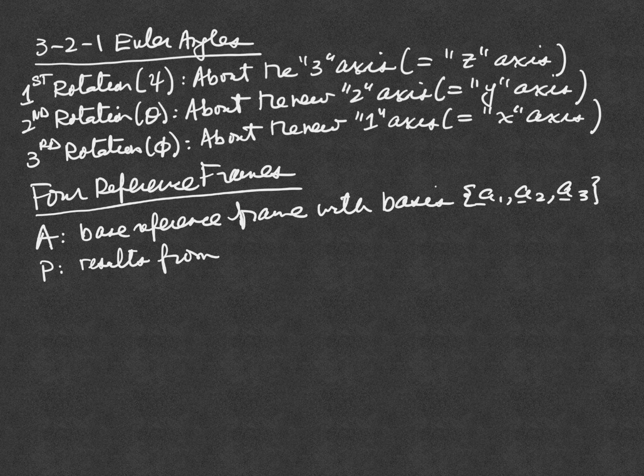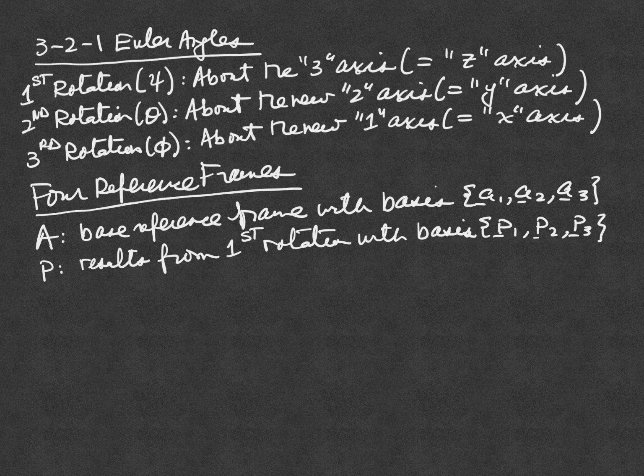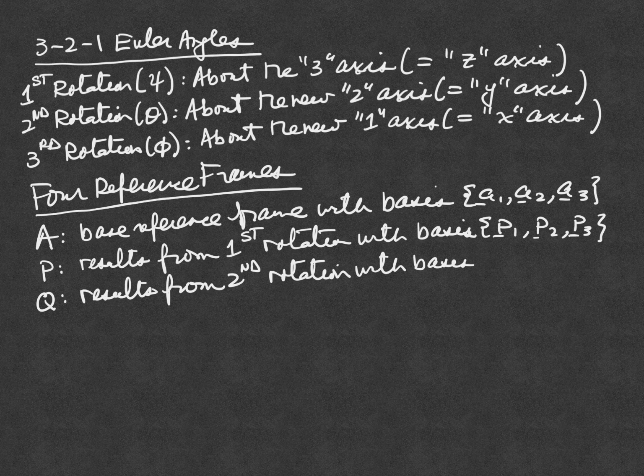and then P is going to be the reference frame that results from the first rotation with basis P1, P2, P3, and then Q results from the second rotation, and it will have an associated basis Q1, Q2, Q3, and then finally we have the basis B, which is the rigid body itself.